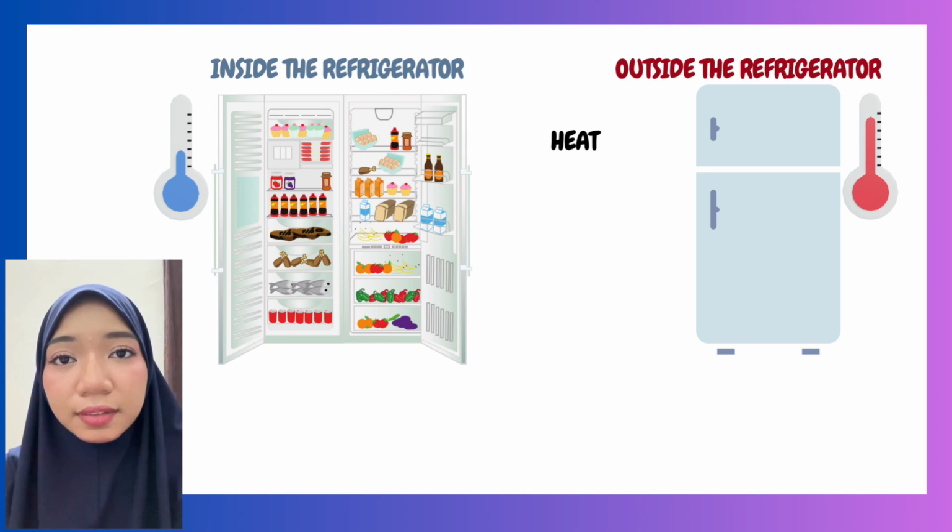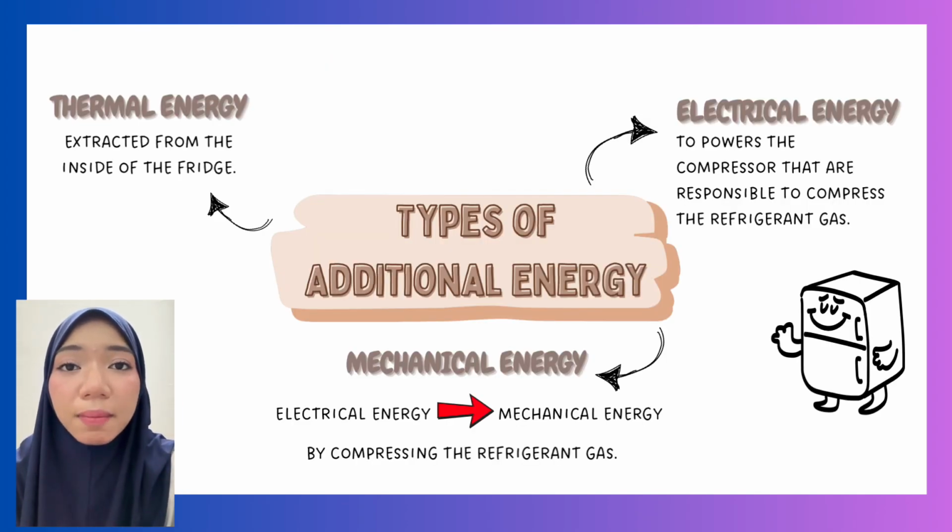their fans. So, as I mentioned earlier, the second law of thermodynamics states that to make the heat flow from a cold to a hot object, there must be work done on it.